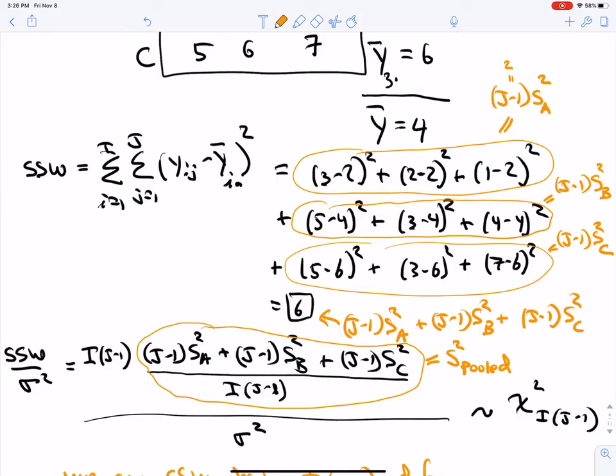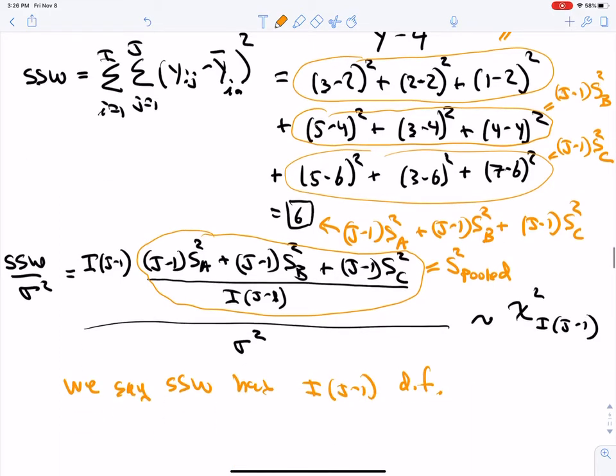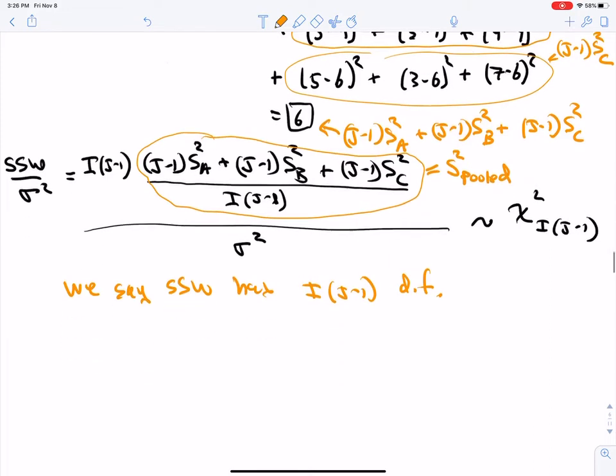So working this out, we get 6, and I can write out the SSW over sigma squared as I times j minus 1 times the pooled sample variance divided by sigma squared. And this is a chi-squared with I times j minus 1 degrees of freedom. So we say that SSW has I times j minus 1 degrees of freedom.